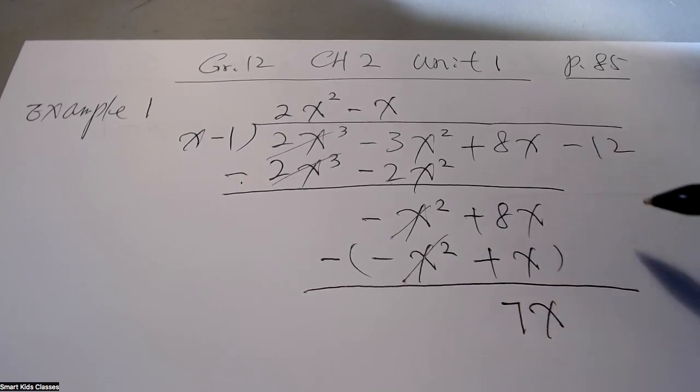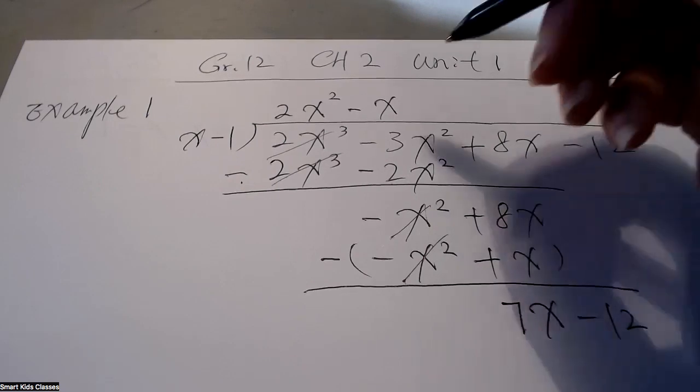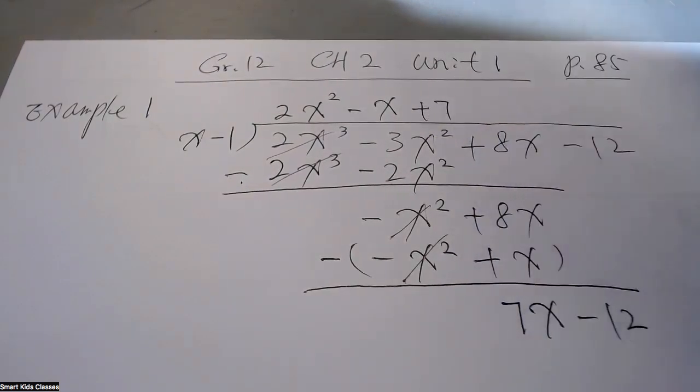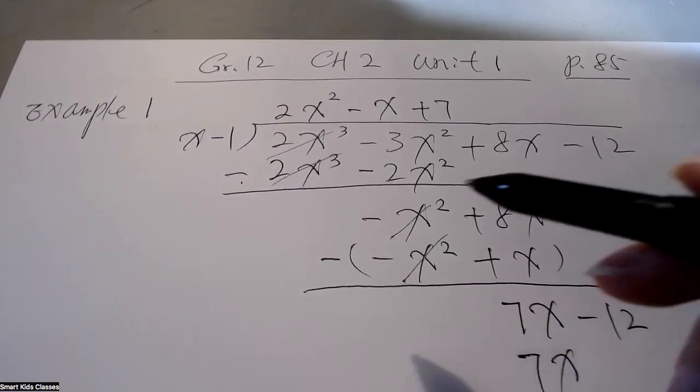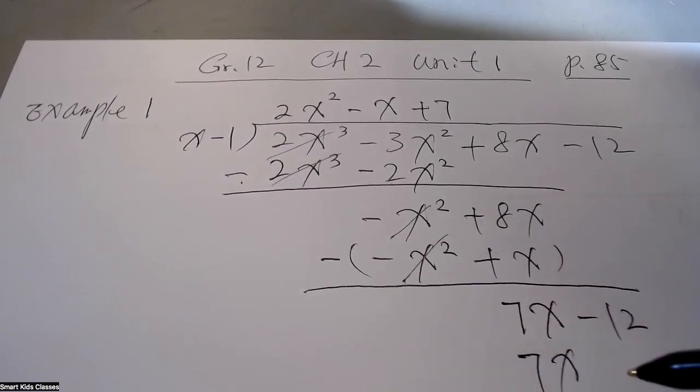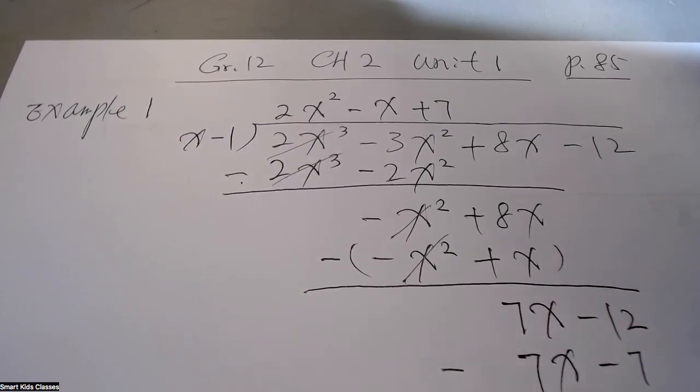Now we bring down the last term, negative 12. So we only need to consider 7. We add 7, the leading. 7 times x, we get 7x. 7 times negative 1, we get negative 7. So here we subtract.